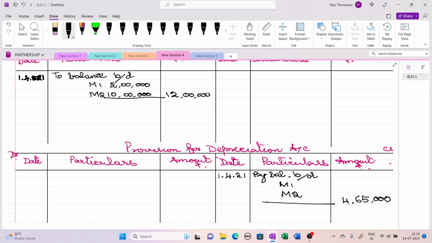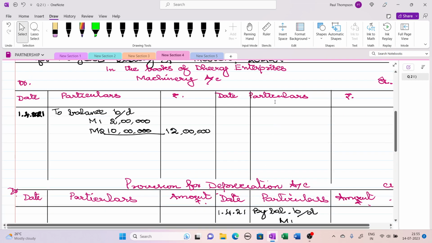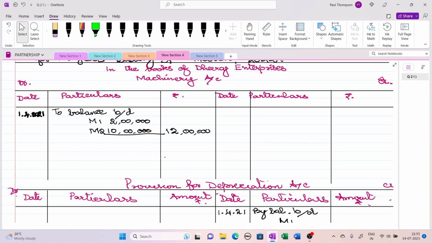Now they say that on 1/10/21 the machine which was of 2 lakh rupees is sold. So now what we will do, we will go to the date of 1 October 21. They have taken out this machine, that is machine number 1.